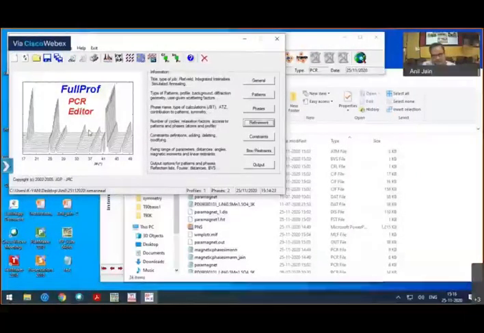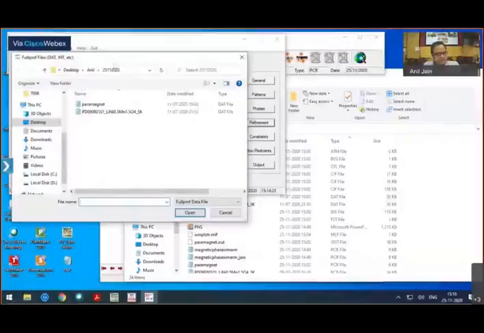Now, what we do then: after we have added this additional phase, we try to run this. So I run the FullProf program. And I have to give this data file, which corresponds to the temperature where you have magnetic ordering.